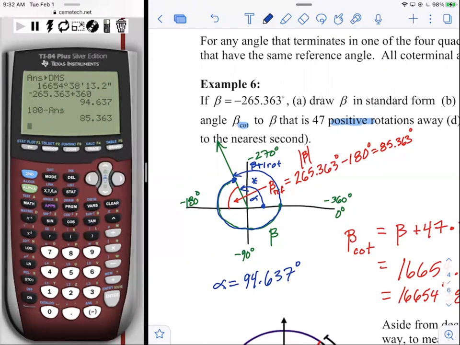And if you know the reference angle, you can find the actual angle. And if you know the actual angle, you can find the reference angle. You draw the picture and you work off the x-axis, right? Either 0, 180, and 360. That's it. You don't have to memorize anything. You just work off your diagram. All right.